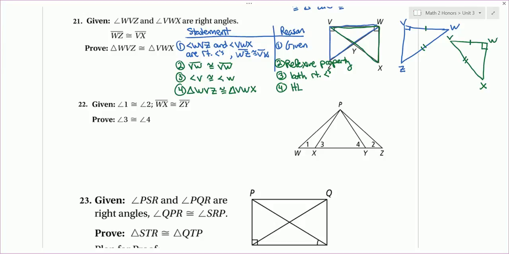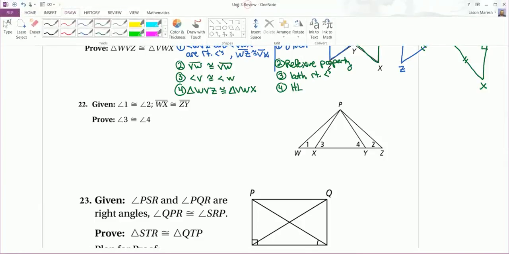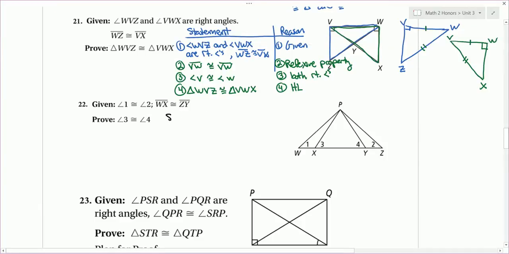Number 22. Start again with our statement reason, two column proof. So our givens, angle 1 is congruent to angle 2.